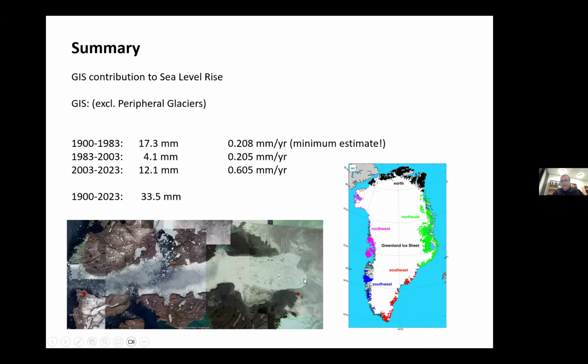So we used the 2003 front position as reference and then estimated what is lost from the 2003 front position and inland. So all the ice loss from the fjord region here, not just for Jakobshavn, but also all the other glaciers around Greenland, were not included.